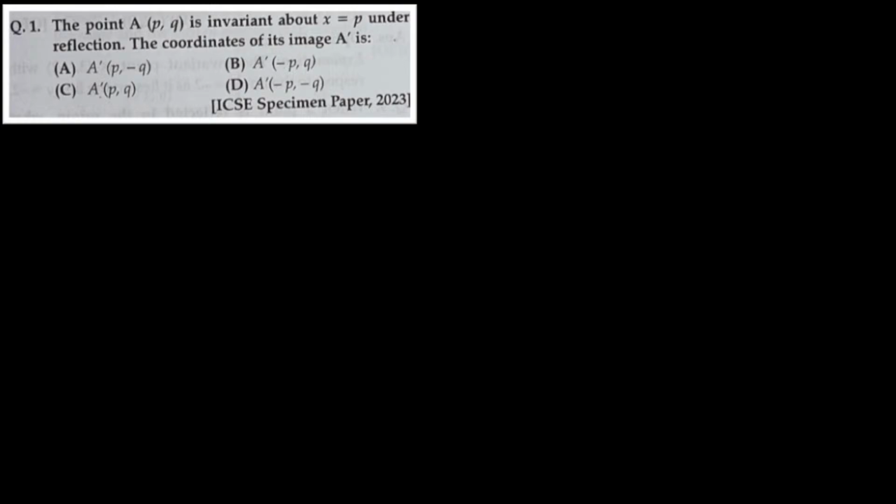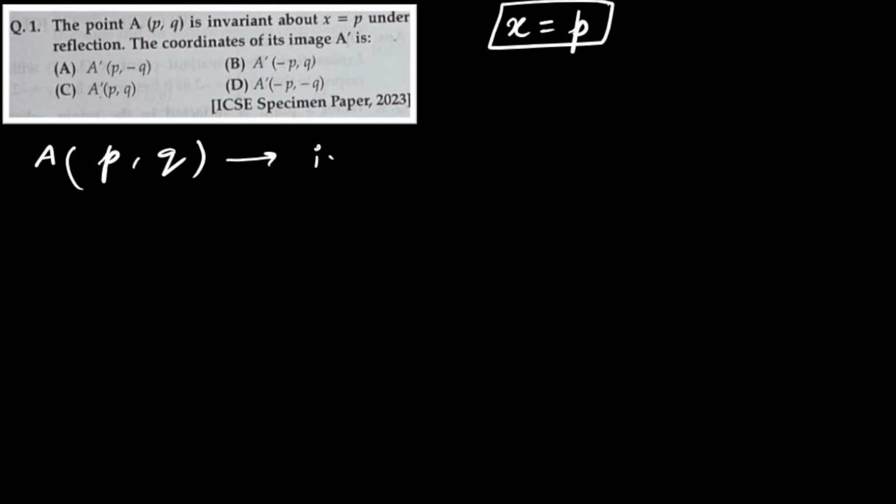Question number one is based on the invariant concept only. A point A with coordinates (P, Q) is given, and it is invariant about x = P. So when this point is reflected in the line x = P, its image remains the same.